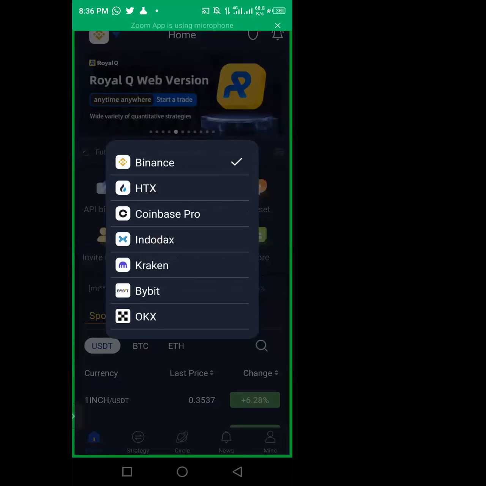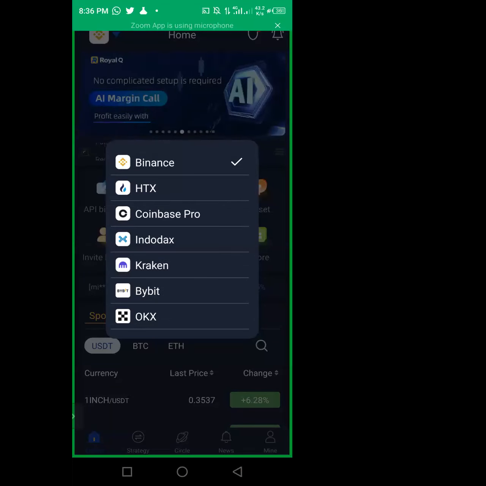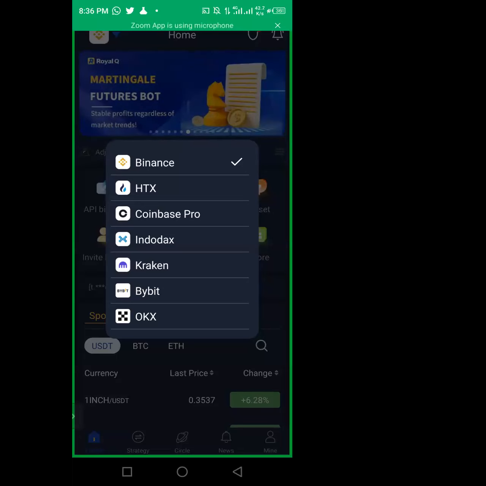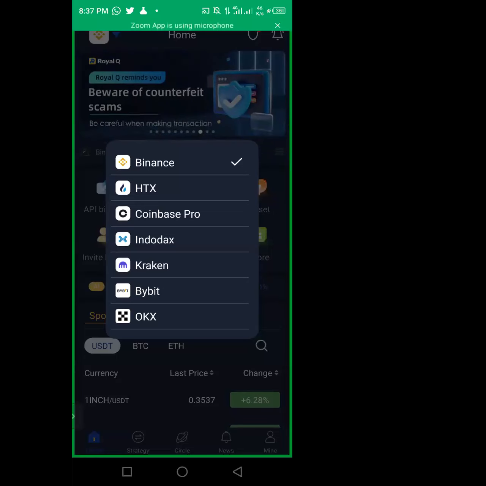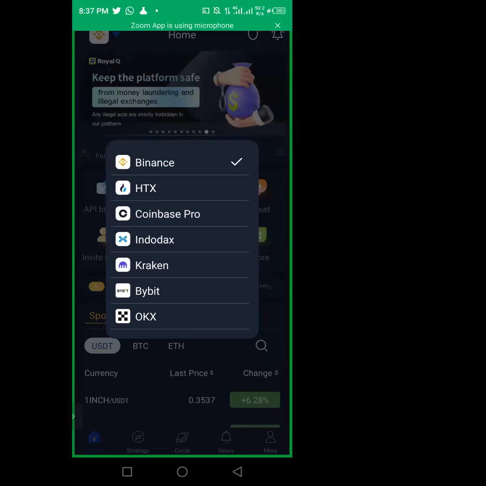As you all know, our trading capital, we don't send it to RoyalQ. Our trading capital stays in our exchanges, and RoyalQ uses up to 7: Binance, OKX, Coinbase, Indodax, Kraken, Bybit, and OKX. So these are the exchanges you can connect.